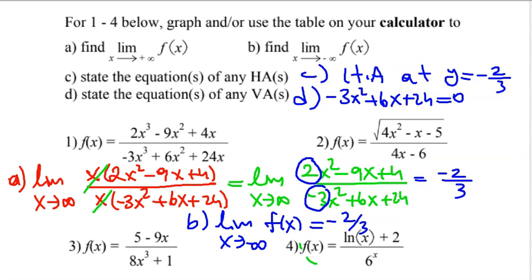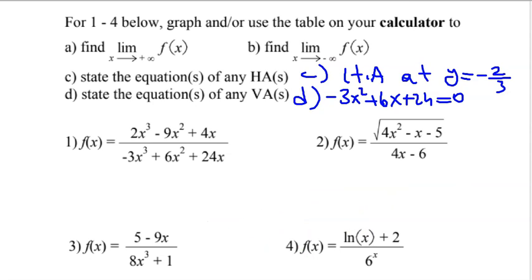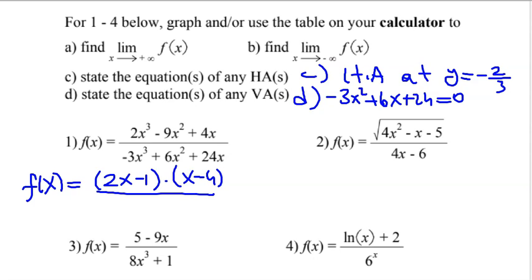Or we can also rewrite the original f of x function in factored form. The top is 2x minus 1 times x minus 4, and the factored form of the bottom is x minus 4 times x plus 2.